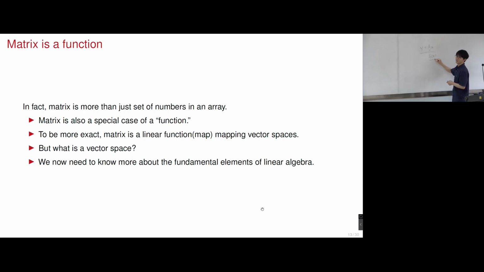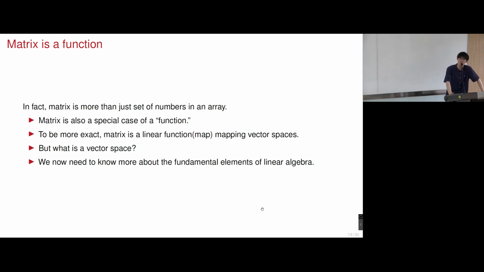So you can see that the matrix is also a function. It's a special type of function. To be more exact, matrix is a linear function mapping vector spaces.